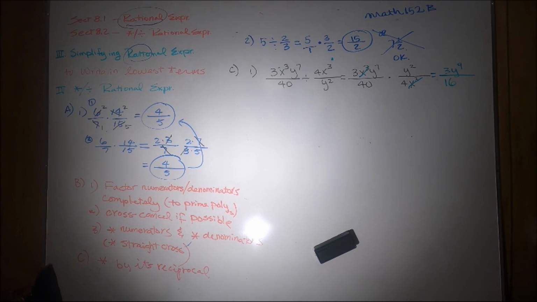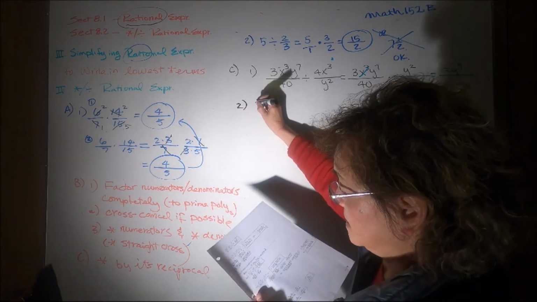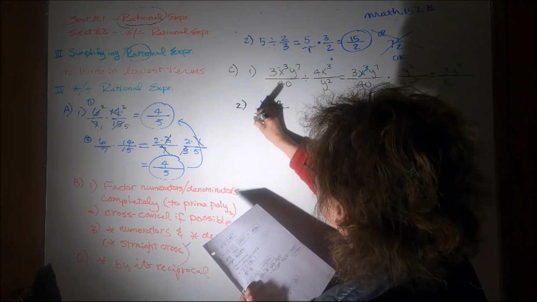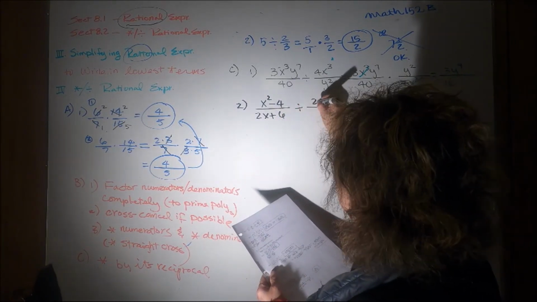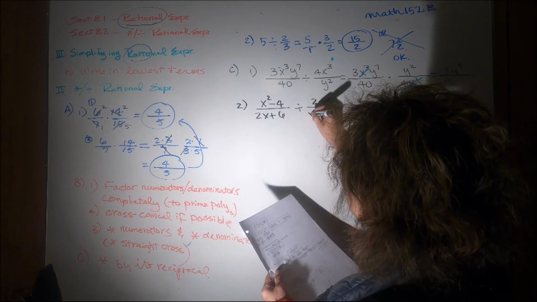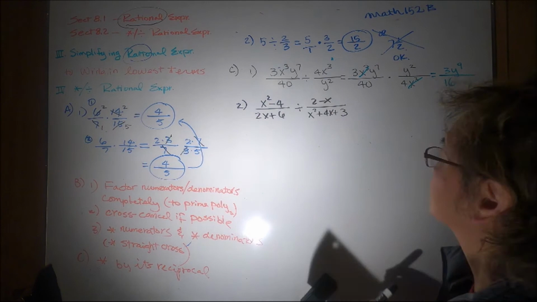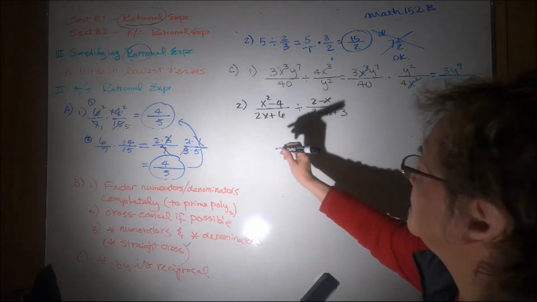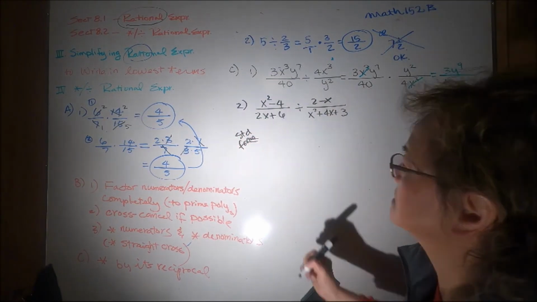Let's see one more. Number 2: x squared minus 4 over 2x plus 6, divided by 2 minus x squared over... plus 4x plus 3. Before we factor them, we need to write it in standard form first.